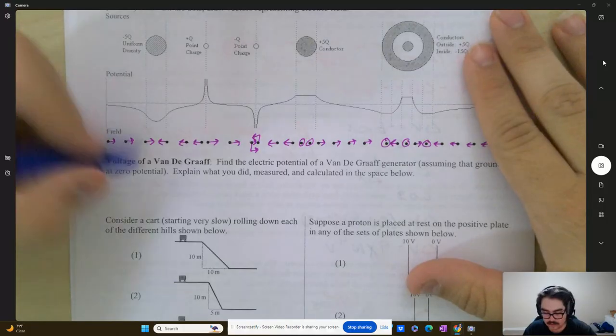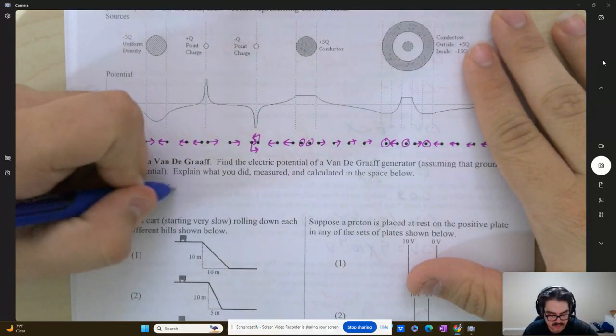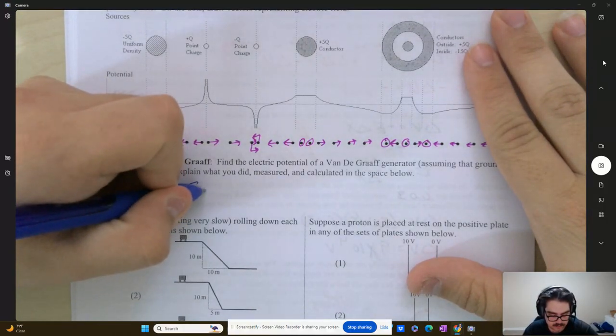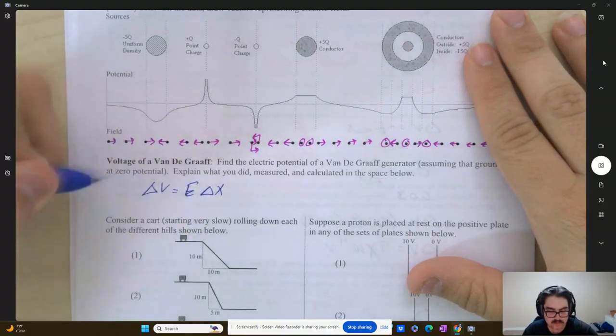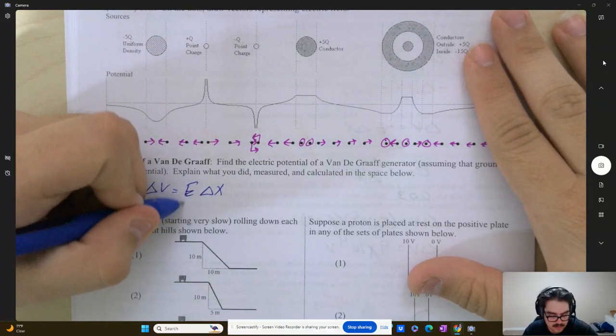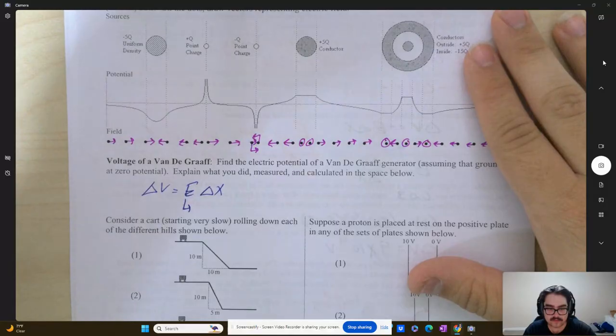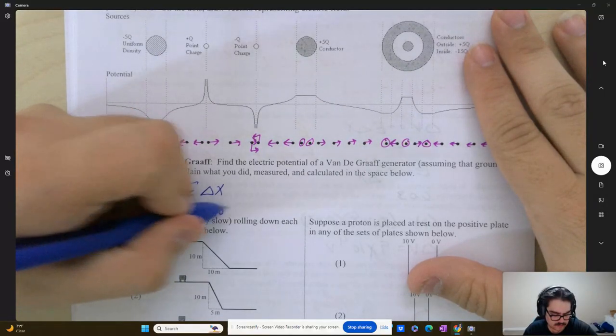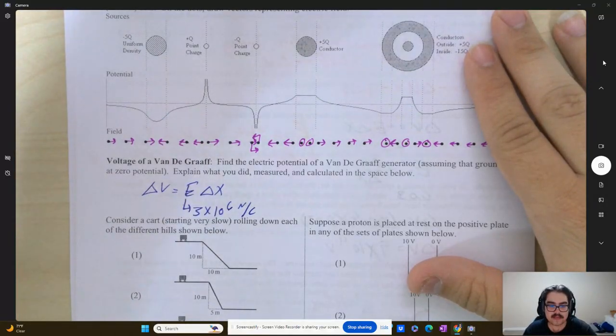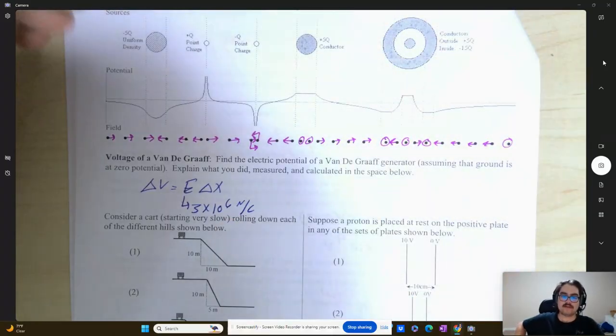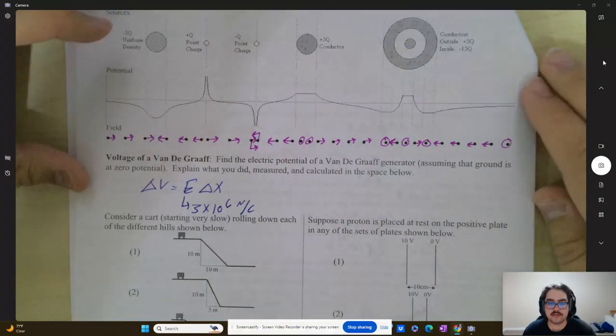Then you could use delta V equals E delta X. E would be the value we said earlier, 3 times 10 to the 6th, I believe, newtons per coulomb, because that's the required electric field to cause a spark through the air.